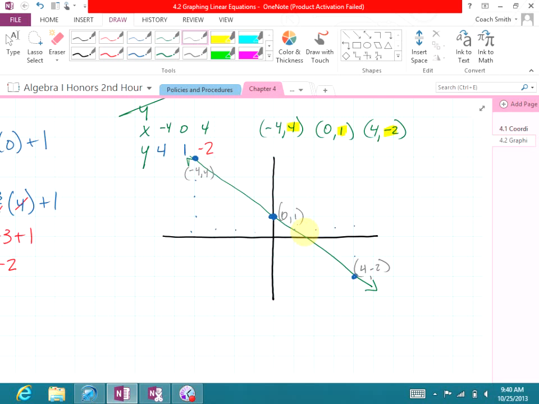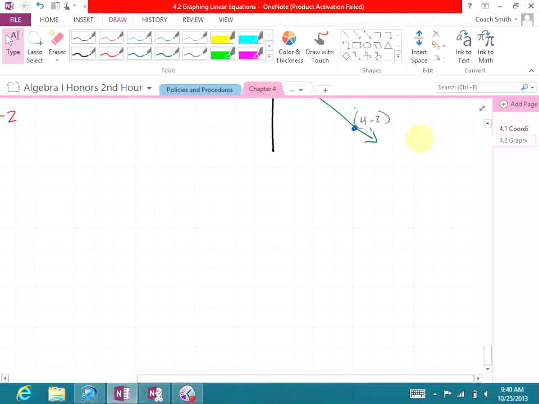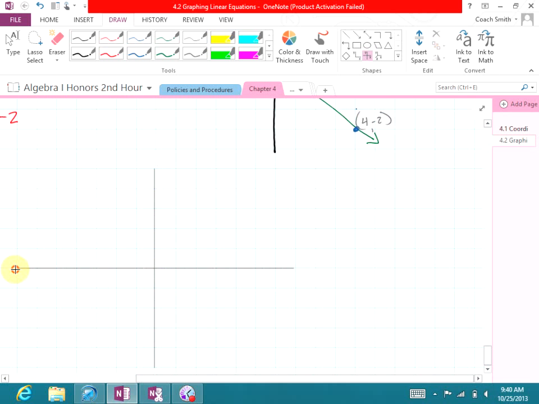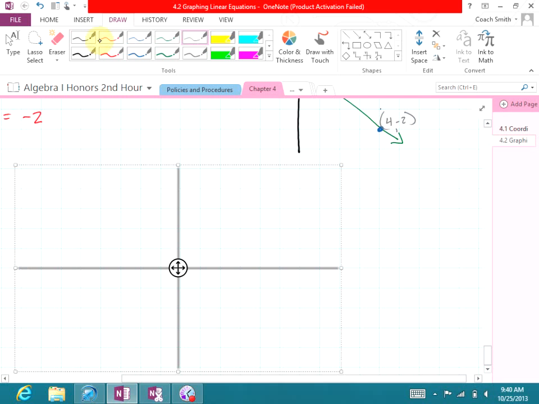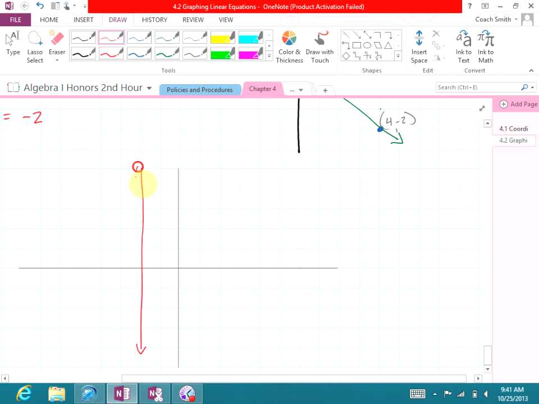Now, we didn't get a chance to talk about these yesterday, so I want to go ahead and talk about them today. Okay, let's talk about vertical lines, and let's talk about horizontal lines.